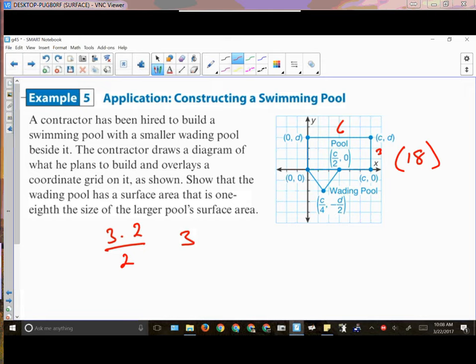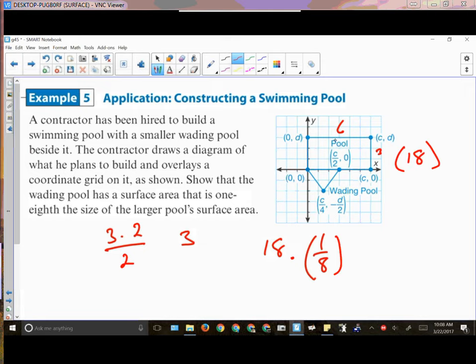Now it says, show that the wading pool has a surface area that is 1/8 the size of the larger pool surface. So here we go. If everything is correct on here, I could multiply 18 by what? 1/8, because this is supposed to be 1/8 of that. Now, does that look like it's going to work out?